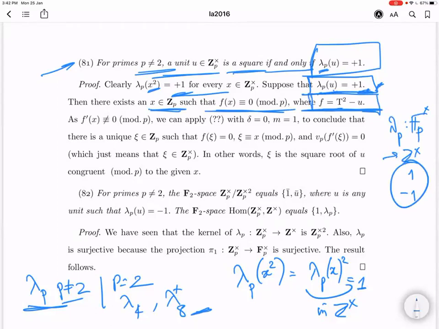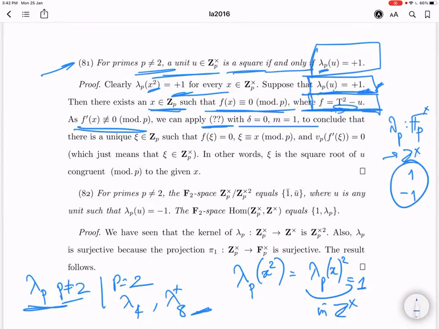Now, this is the polynomial f. What is f prime of x? It's non-zero. f prime here is going to be 2t, and x is not a root of 2t, because x is not equal to 0. So we can apply Hensel's lemma. This here must be Hensel's lemma with delta equal to 0 and n equal to 1.